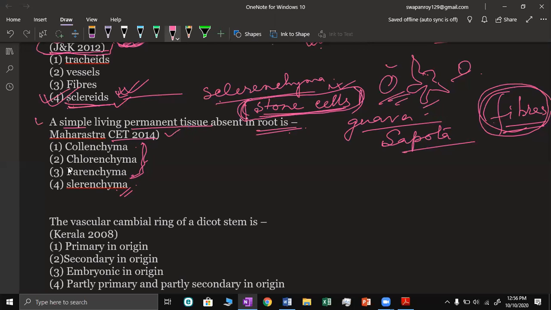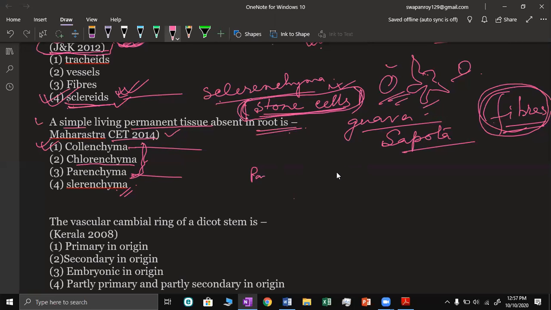Chlorenchyma is of course found in the root. Parenchyma is found in root, stem, everywhere. The collenchyma is the tissue which is absent in root.